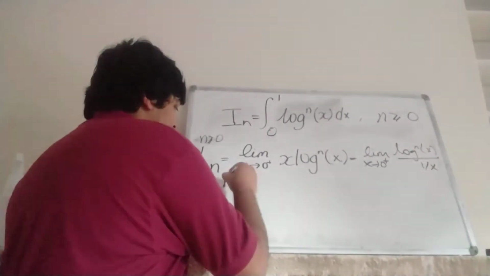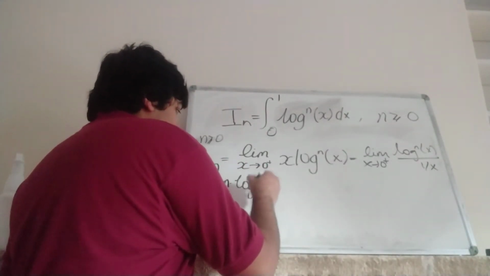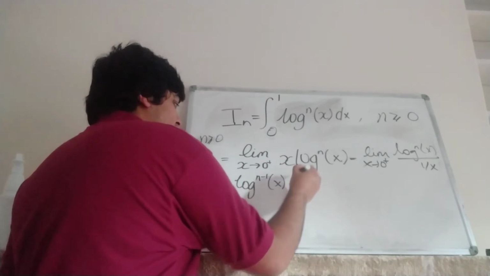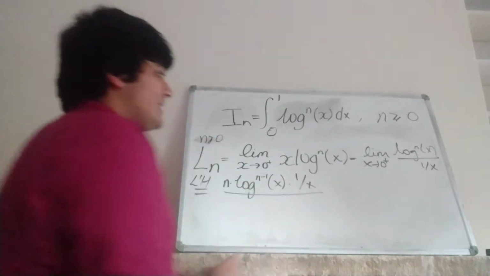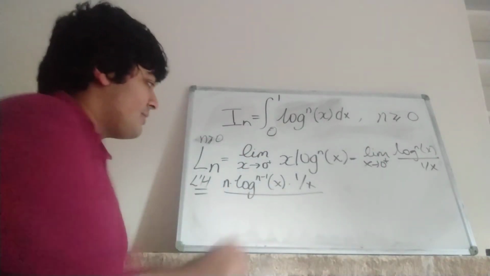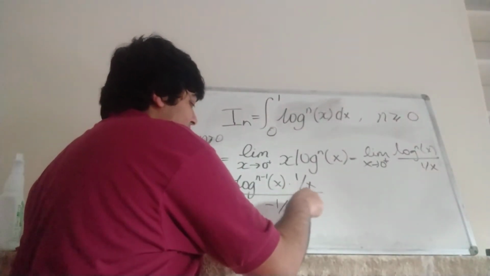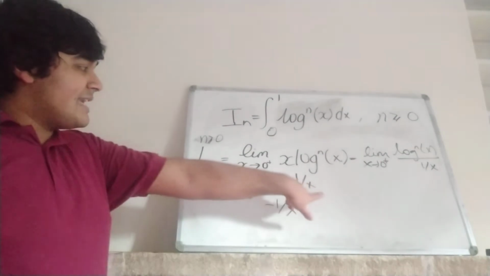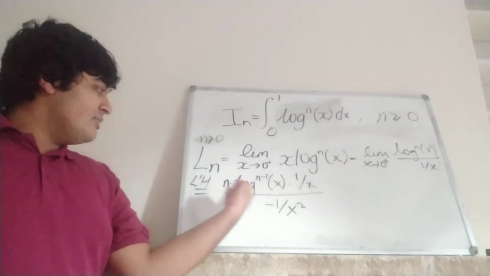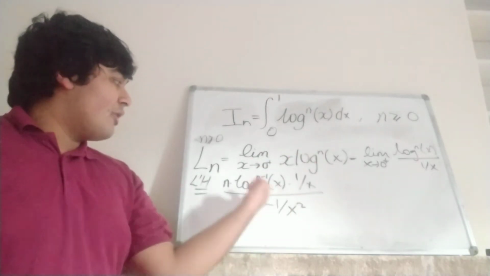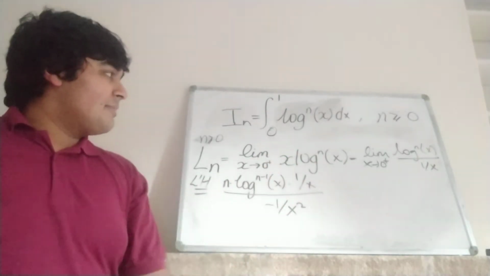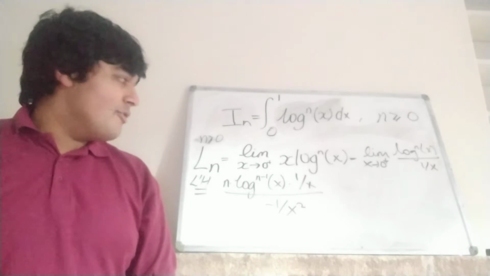We're going to get n times (log x)^(n-1) times 1 over x, and that's divided by the derivative of 1 over x, which is minus 1 over x squared. I've just taken the derivative of (log x)^n using the chain rule, which is n times (log x) all raised to the n minus 1 times the derivative of log x, which is 1 over x, then divided by the derivative of 1 over x, which is minus 1 over x squared.